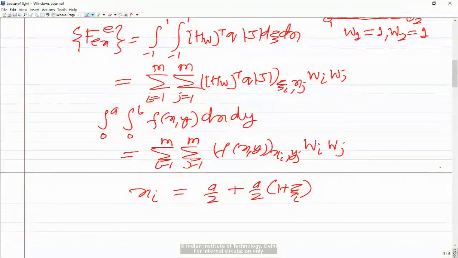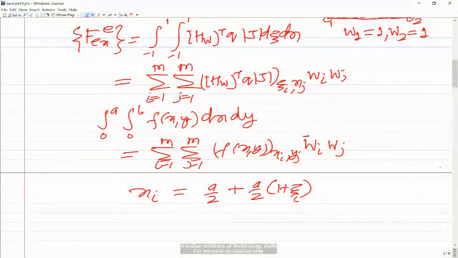Then I was telling that if you want to use this Gauss quadrature numerical integration, where the integration is not from -1 to +1, but say from 0 to a and 0 to b, then the integral of f(x,y) dx dy is converted into a double summation, i going from 1 to m, j going from 1 to m, f(x,y) evaluated at x_i, y_j, and w_i w_j.